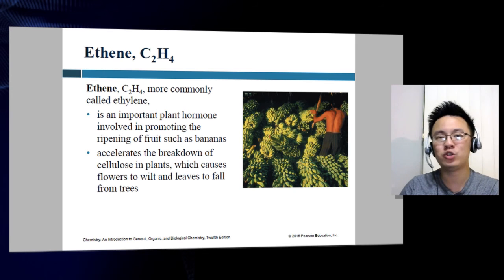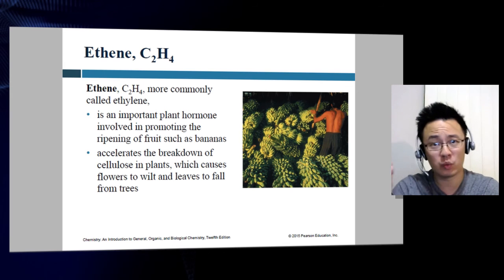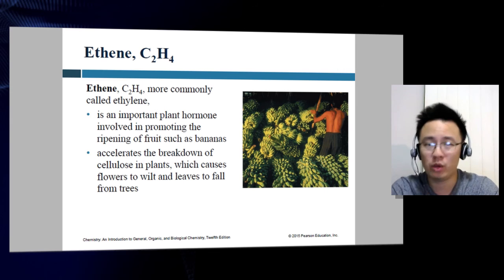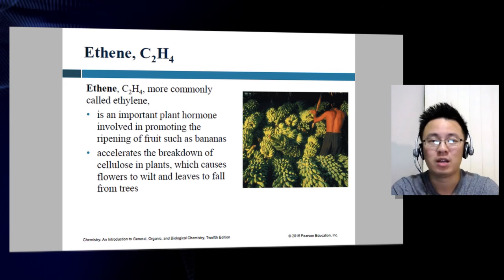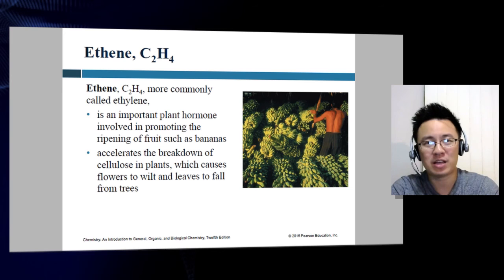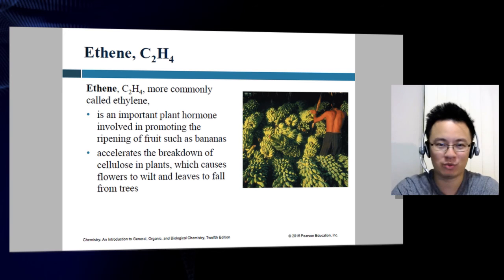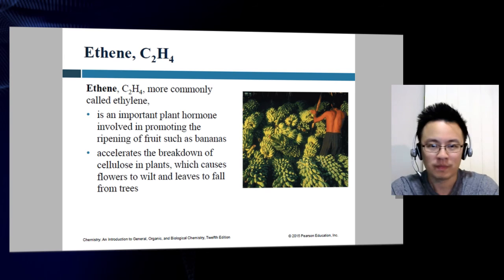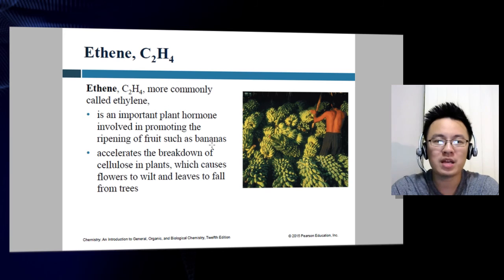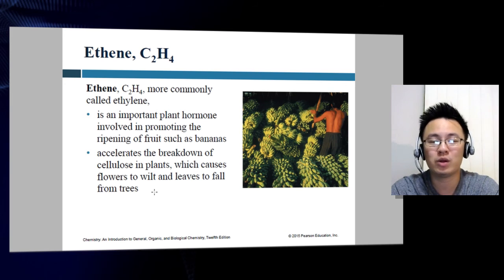One of the strategies to get fruits to ripen faster is to get a really ripe banana or some really ripe fruit and throw it in a bag of unripe fruits, close it up, and let that ethene molecule diffuse throughout that entire bag. By doing so, it quickly ripens those fruits. Ethene also accelerates the breakdown of cellulose in plants, which causes flowers to wilt and leaves to fall from the trees.